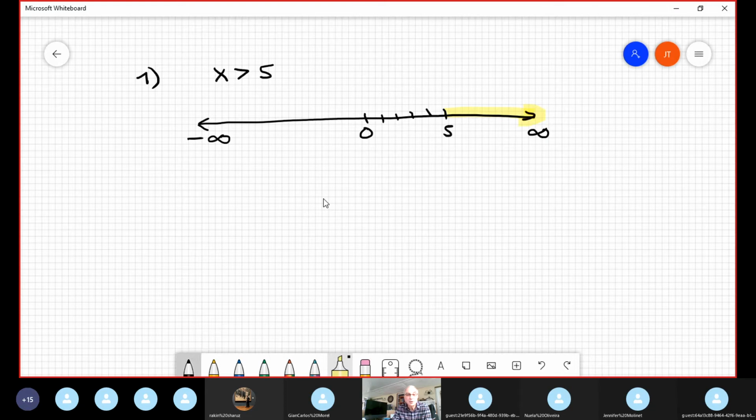And of course, do not include the initial point, 5, because I don't see an equal sign. If I see an equal sign, it is a bracket. But in this case, we have no equal sign, so it is parentheses. And the interval notation. And a hollow dot.